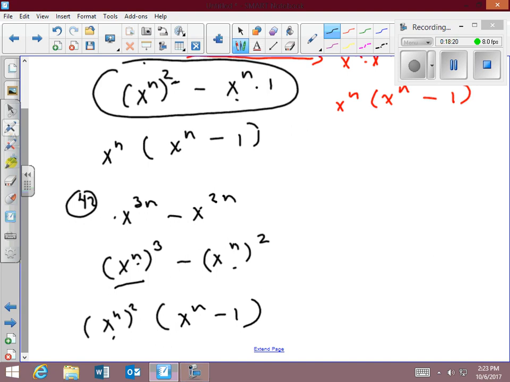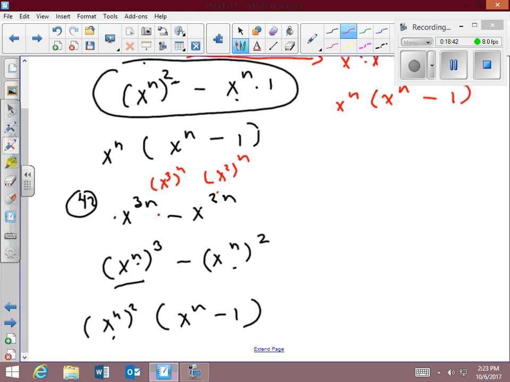Now, I just want to warn you, you can write this thing and this thing as this. You could write this one as x cubed to the nth power, and that would get you x3n, but it would do you no good, because you'd write this one as x2 to the nth power.